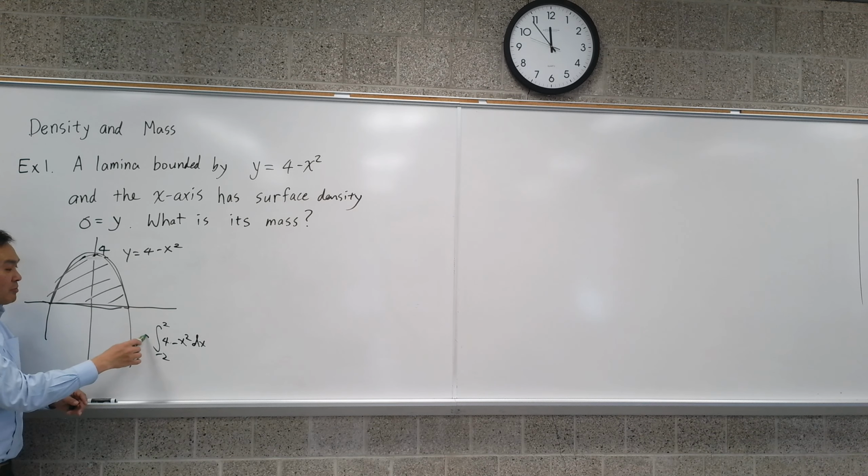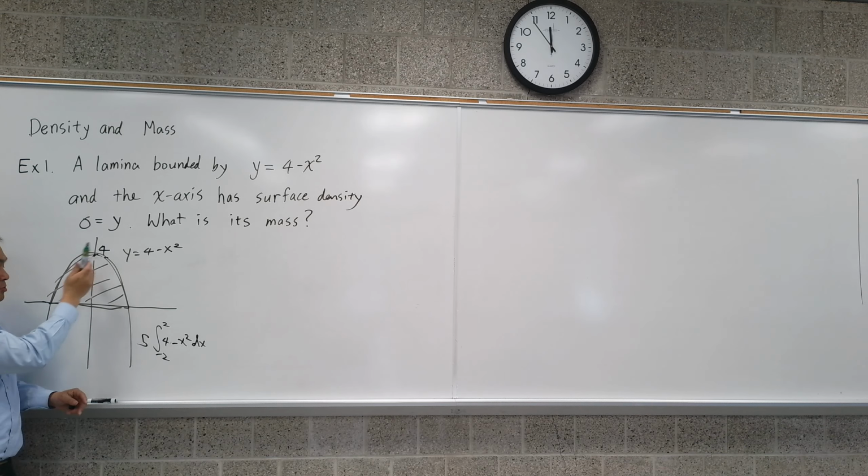And then you multiply 5 to that, and that will be the entire mass if sigma was exactly equal to 5. But unfortunately, we can't do that here because the density varies from point to point.